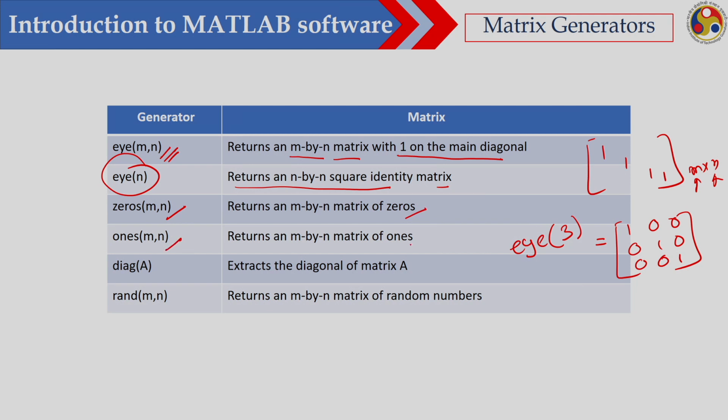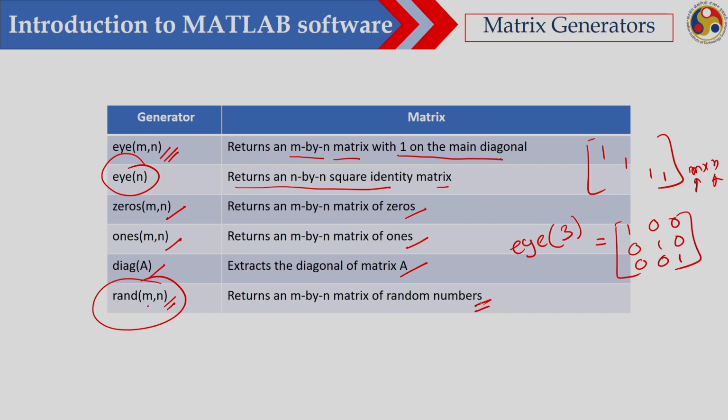Then ones will create an m by n matrix of ones, and I can use diag A. So, it will extract the diagonal values, and I can also generate random numbers using this function rand m by n. So, it will create a matrix, okay, and the elements will be generated randomly, and the matrix dimension will be m by n.